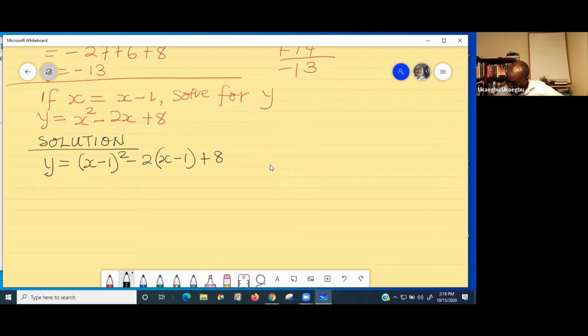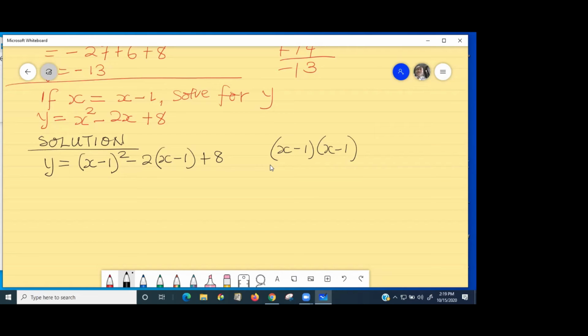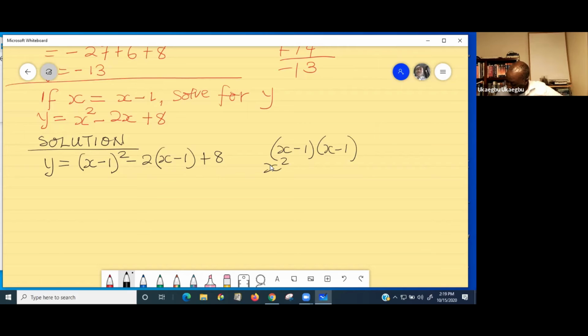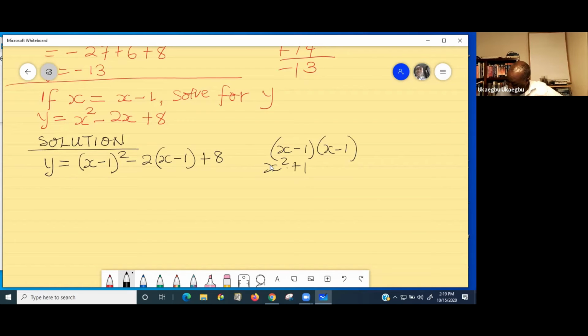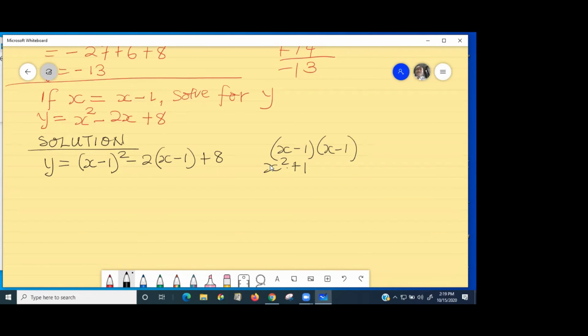So x times x would be x squared. And then -1 times -1, because a negative times a negative is a positive, so it'll be a positive 1.